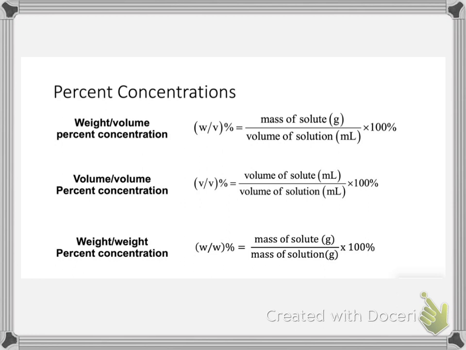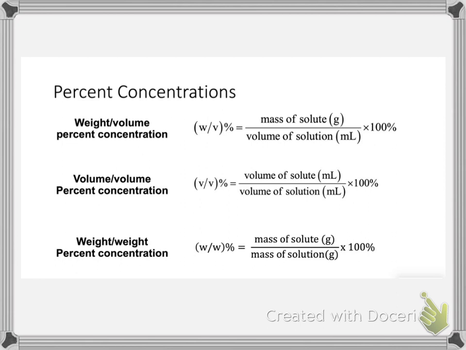So things like alcohol, vinegars, vanilla and those kinds of extracts, mouthwashes, skin creams with active ingredients. A lot of things that we buy commercially use percent concentrations as their concentration unit. So I thought, okay, I'm going to do that one.